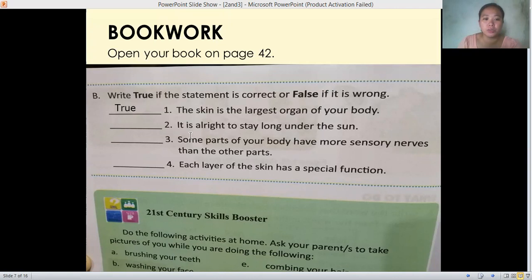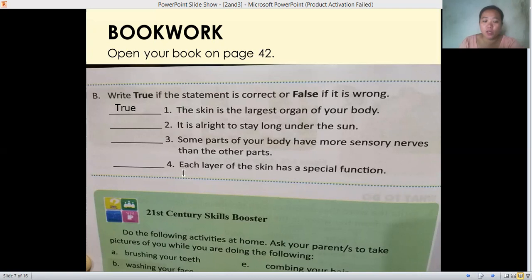Now let's go to number 3. Number 3, some parts of your body have more sensory nerves than the other parts. I will repeat. Number 3, some parts of your body have more sensory nerves than the other parts. True or false?